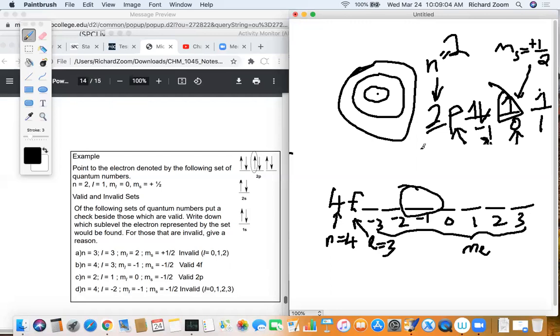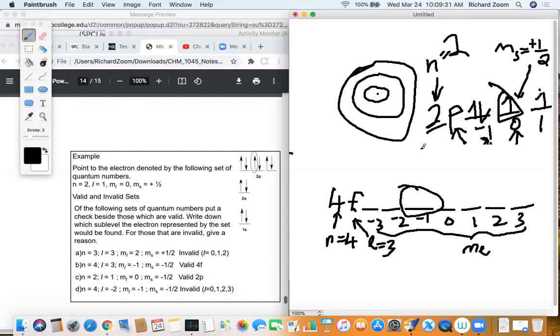It's actually not defining any specific element. It could be any electron in any element, but it's going to be a specific electron in a specific electron configuration. We're just zeroing in on an address here. Is that okay? Yeah, that helps. No, it's got nothing to do with the element, okay?